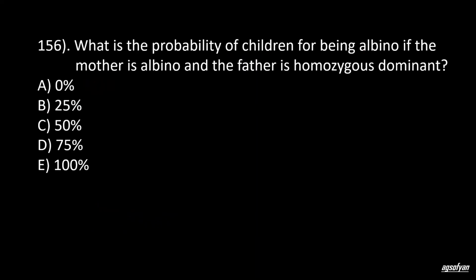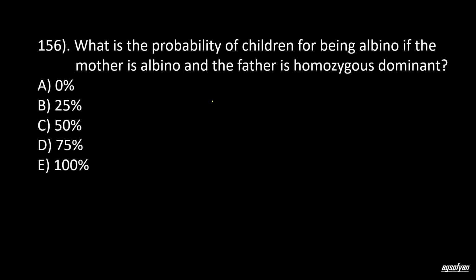What is the probability of children being albino if the mother is albino and the father is homozygous dominant? 0%, 25%, 50%, 75%, or 100%. Okay, remember, albino is a recessive abnormality.